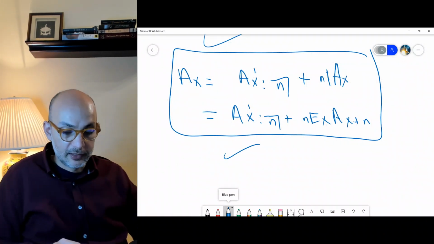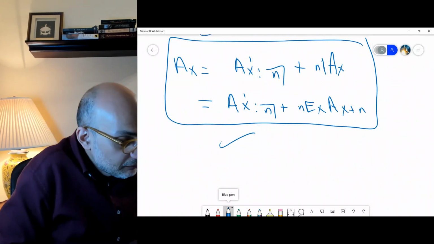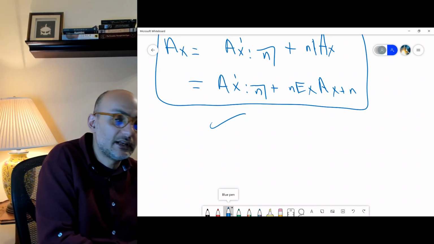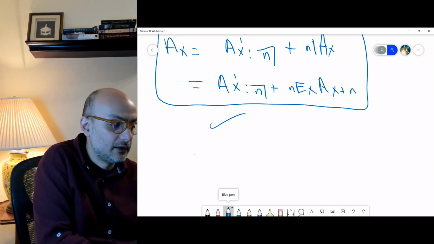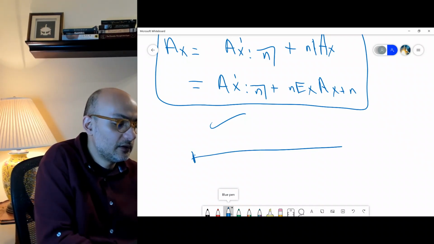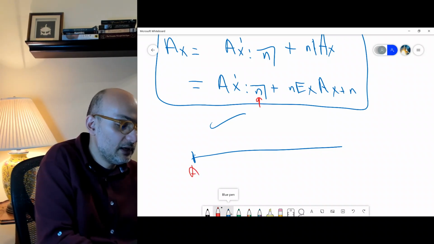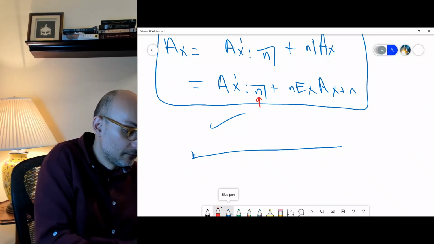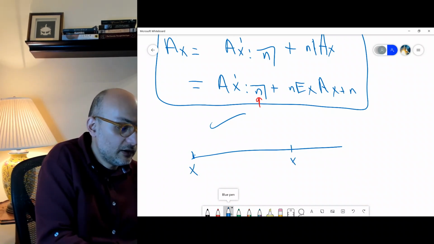But what if n is 1 year? Many times you have a question with 1 year, and probably I'll bring one in the exam. The n can be any term. If you have A_x, you have x here and x plus 1.